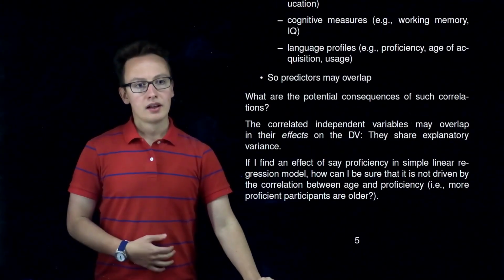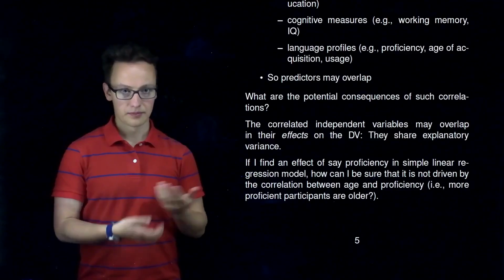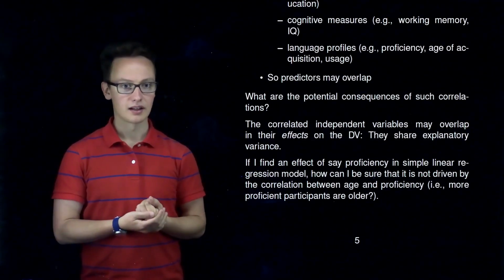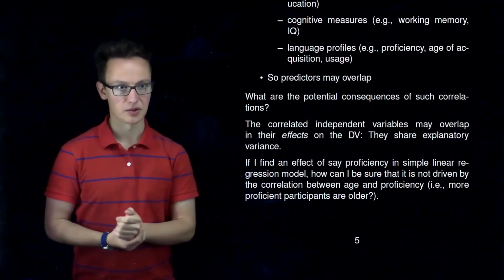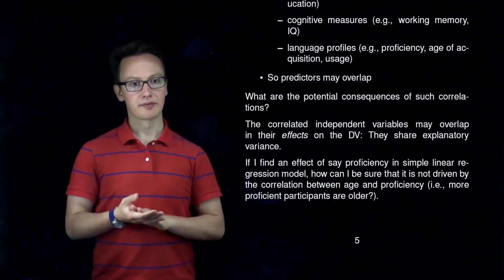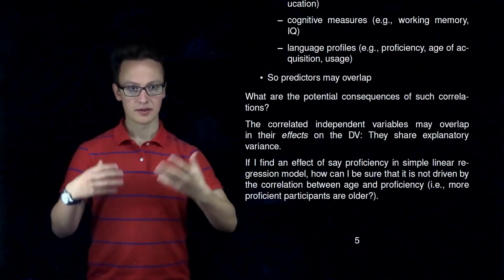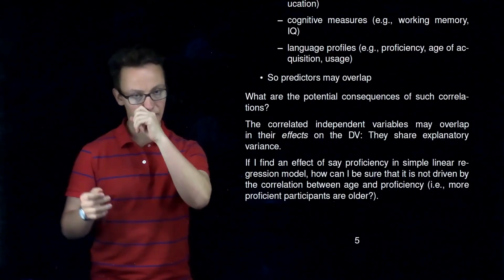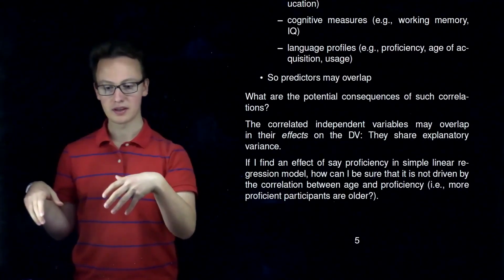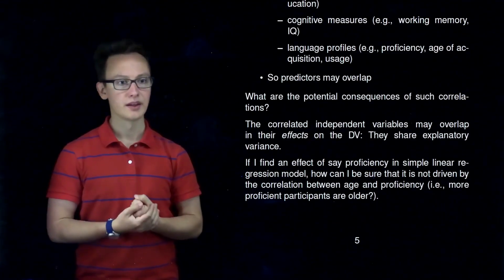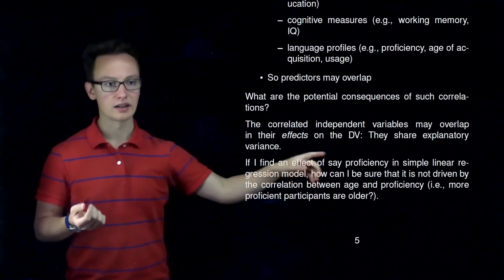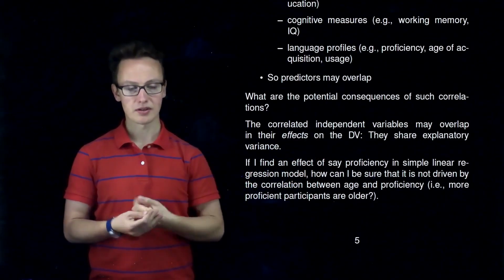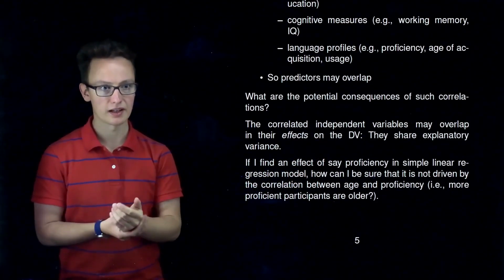And now, for our modeling question, the thing that we should ask ourselves is, what are the potential consequences of such correlations? Because as I just said, there is some shared explanatory variance of reading times, let's say, of both frequency and word length. And for the language example, let's say I find an effect of proficiency in a simple linear regression, so I have some score of how proficient people are in a language.